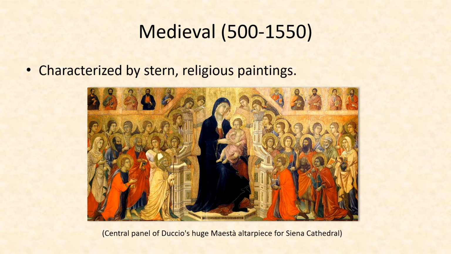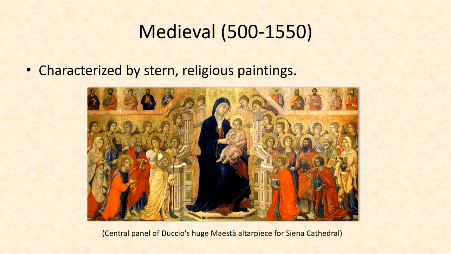In general, and realize I might at times be oversimplifying, but in general, artwork of this time was characterized by more stern, serious, religious paintings. So look at the painting depicted here.